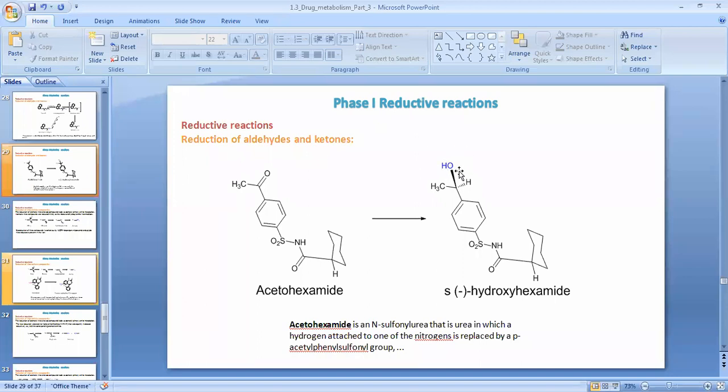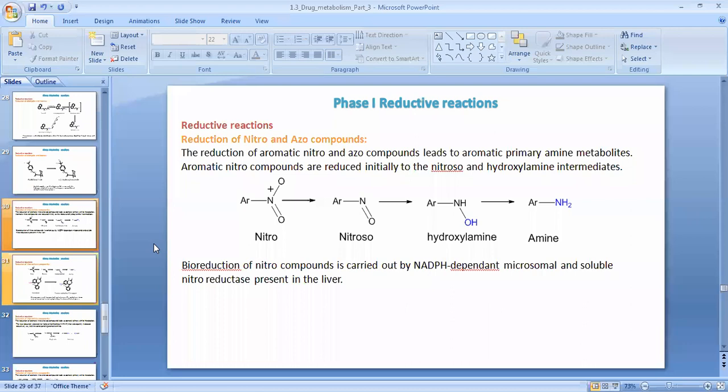It is converted into a secondary alcohol. So see here, the ketone functional group is reduced by bioreductive enzymes and converted into its alcohol derivative, that is S-hydroxyhexamide. So this is the reductive conversion done on the acetohexamide drug molecule, which is used as an antidiabetic agent.